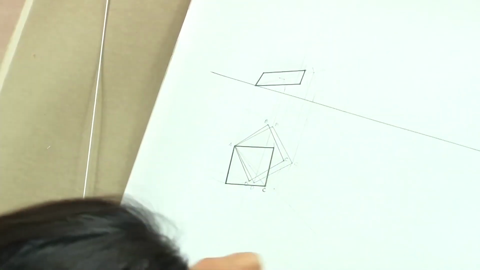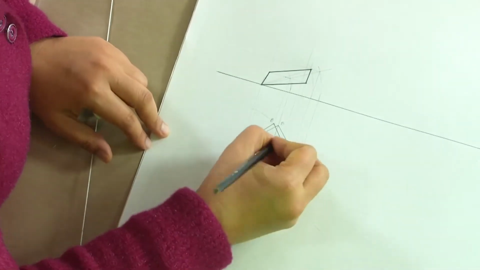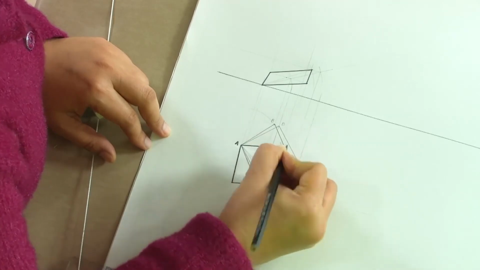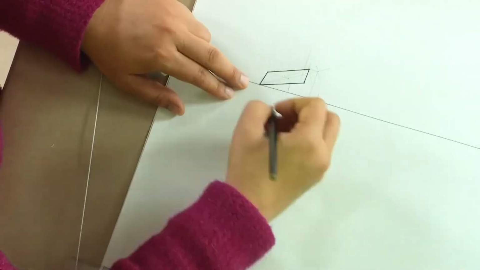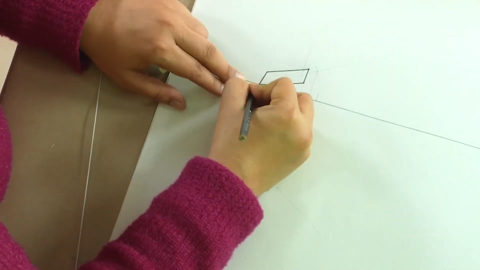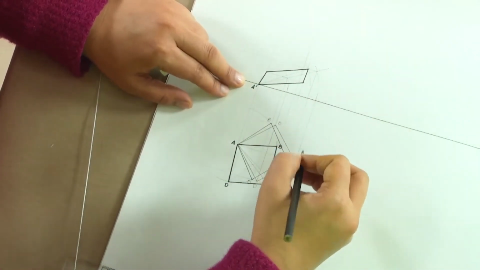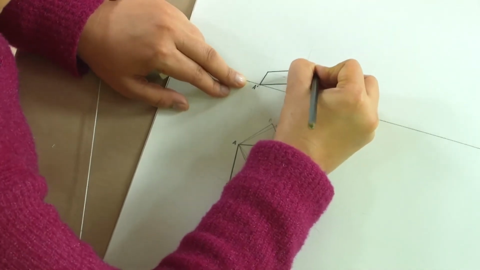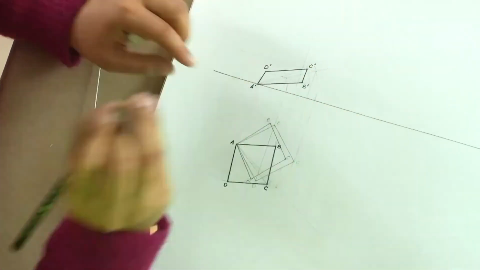So, this is the final shape of this square which is having its diagonal inclined to both HP and VP. So, this is A, B, C and D, and here we have A, C, B and D in dash.